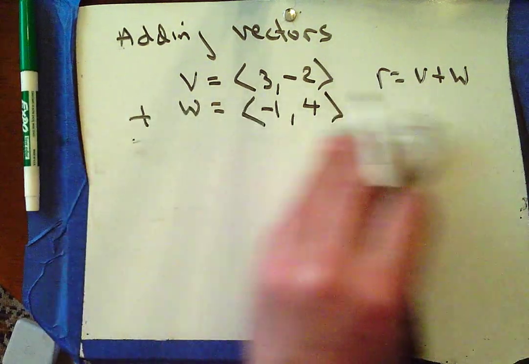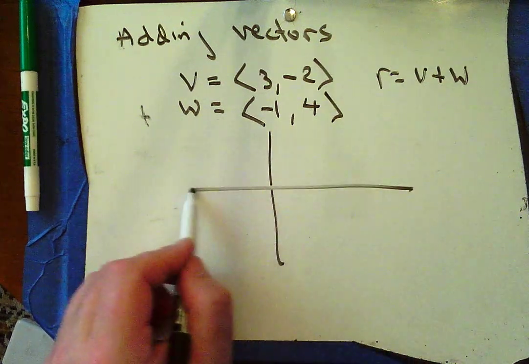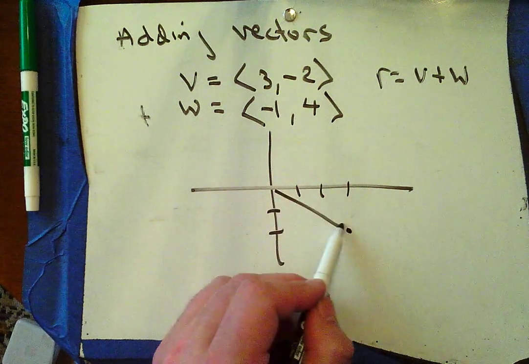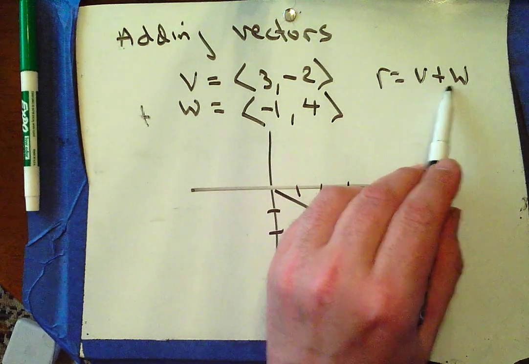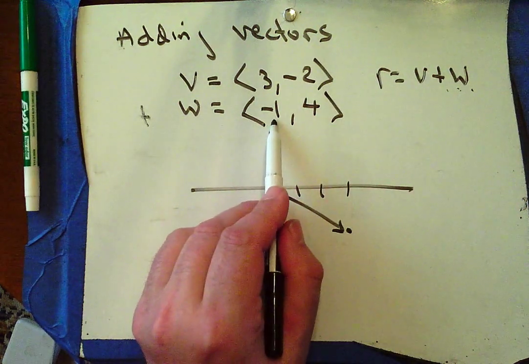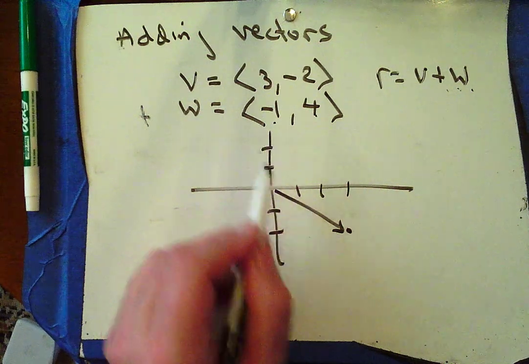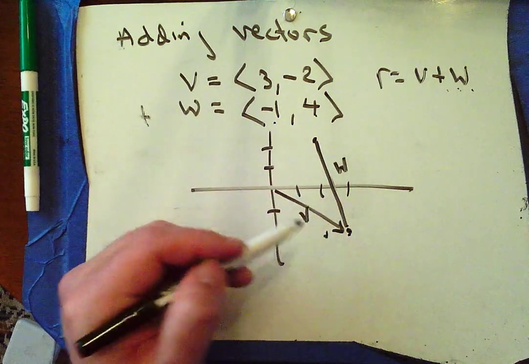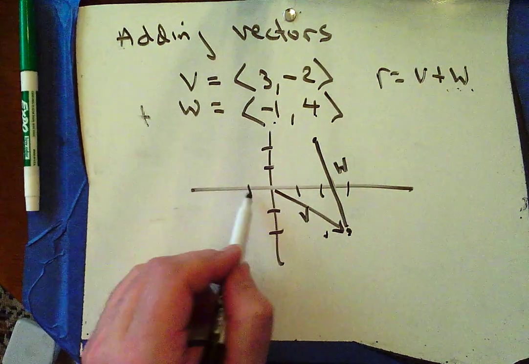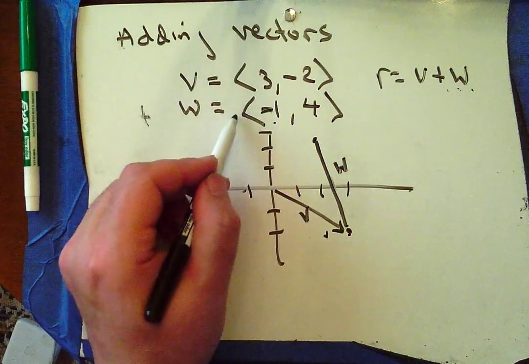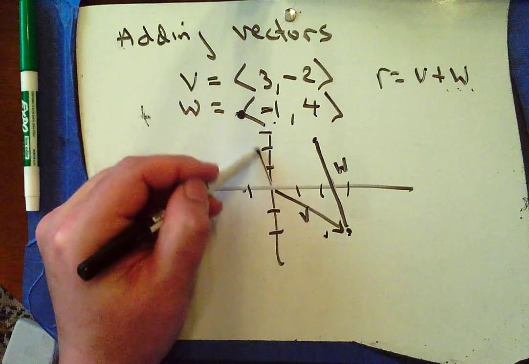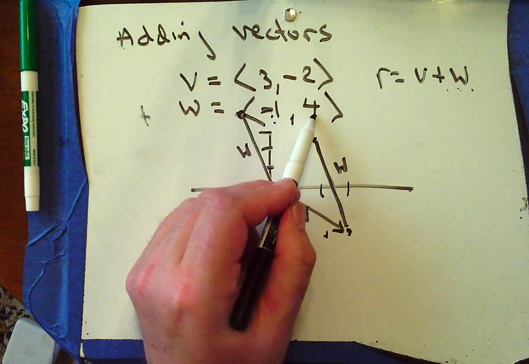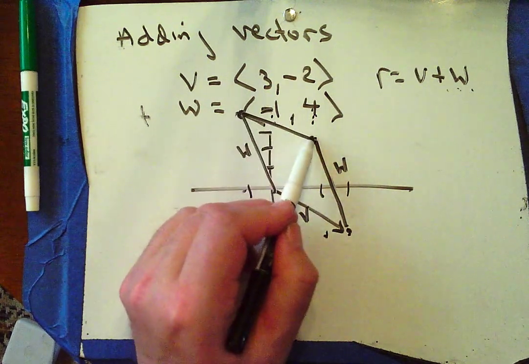We even showed how if we drew v, go over 3 and down 2, and then when we get to the end of v, we draw w, which goes left 1 and up 4.